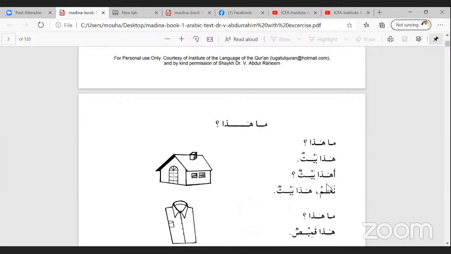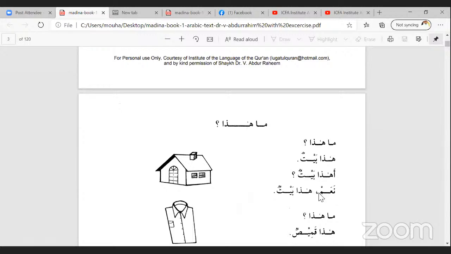Maybe you want to ask your friend for confirmation. You use particle hamza before the sentence. You had hadha baytun, this is a house. Now, when you put particle hamza before the sentence, it turns the statement into a question. Ahadha baytun. Is this a house?